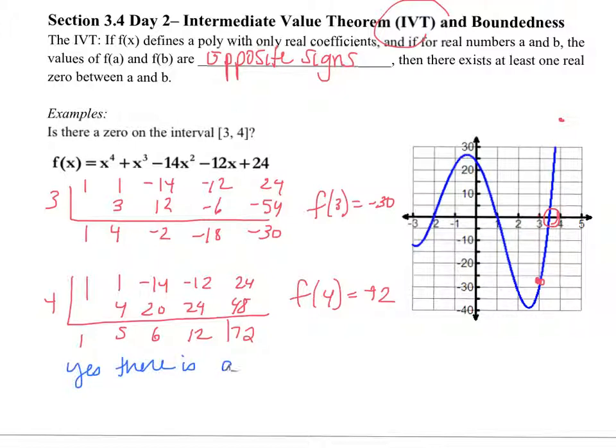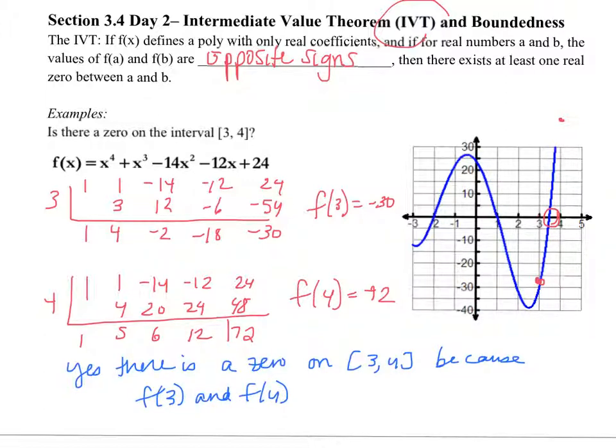Yes, there is a zero on the interval of 3, 4 because f of 3 and f of 4 have opposite signs. And that is it. The part in red is my algebraic proof. The part in blue is my summary statement.